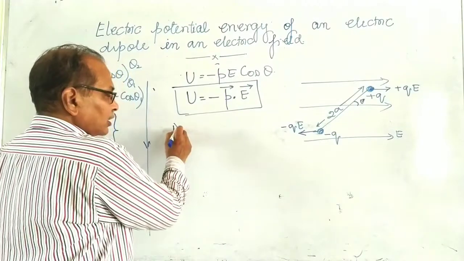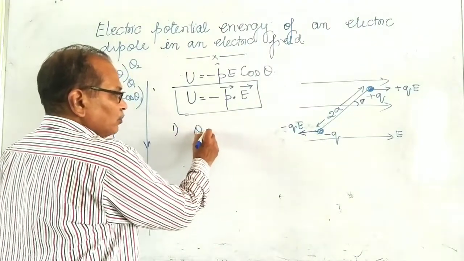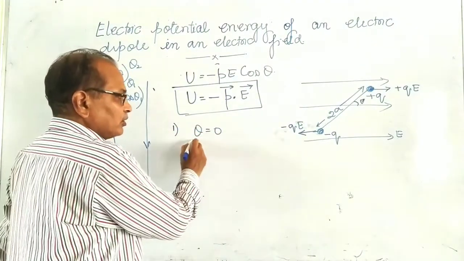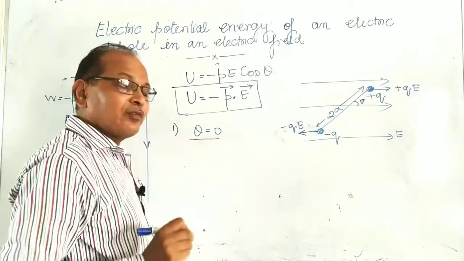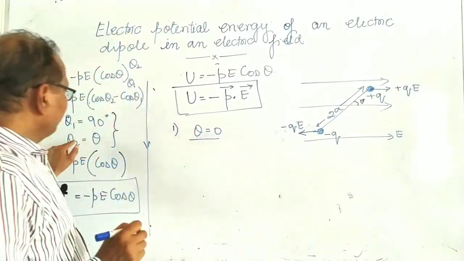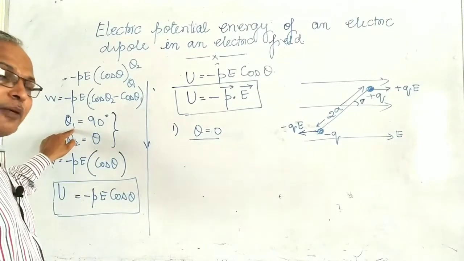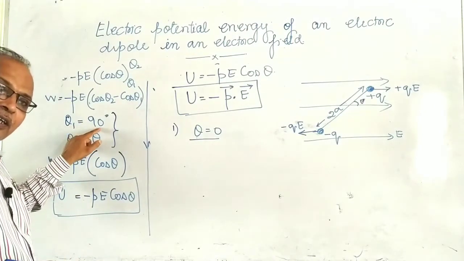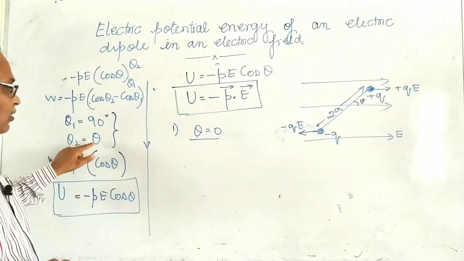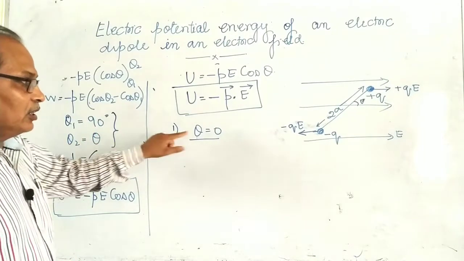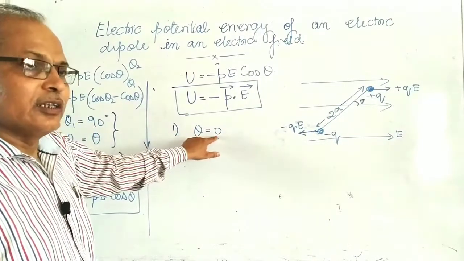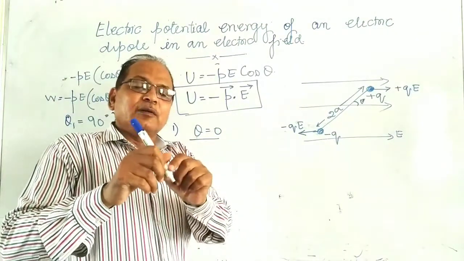Let theta be 0. Theta is the final angle. As we studied here, theta 2 is theta. Initially the dipole is located at a 90 degree angle and the final angle was theta. Now the final angle is 0 degrees.